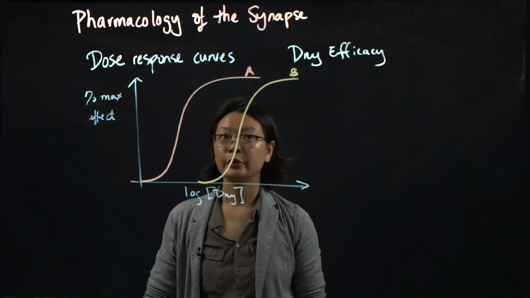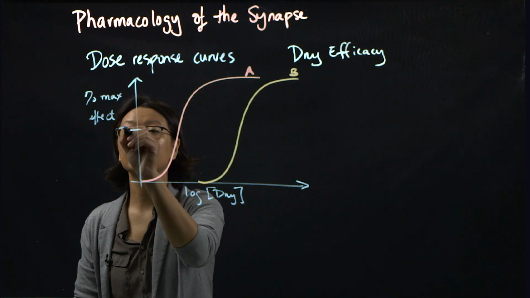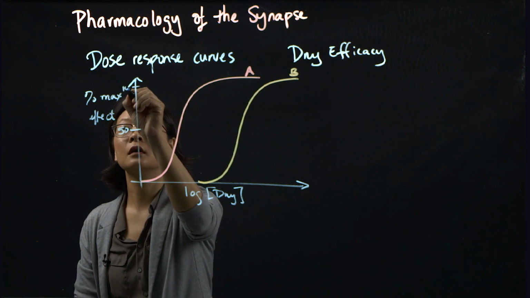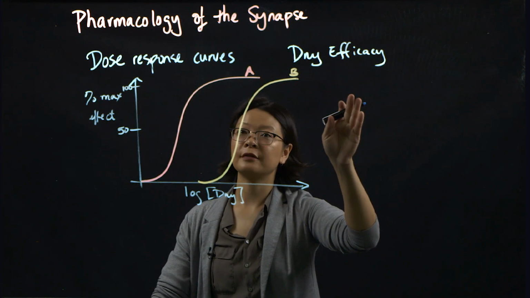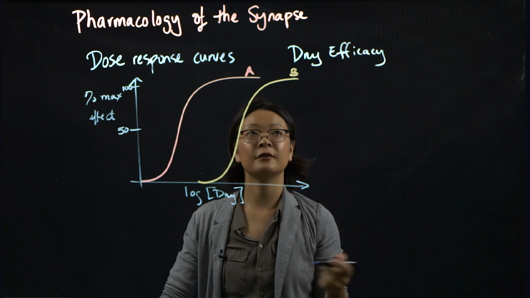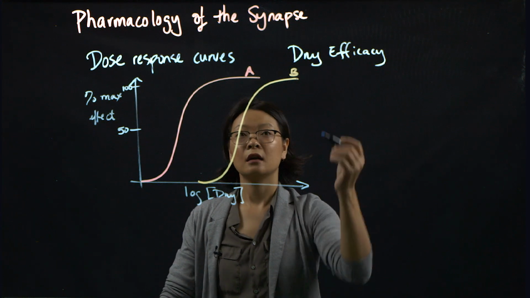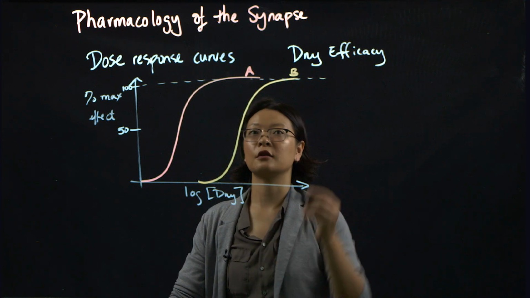Previously, when we talked about potency, we took it from the 50% activity. Drug efficacy is actually a measure of the activity of the drug at 100%. So drug efficacy is a value that's taken off of what is the estimated 100%.